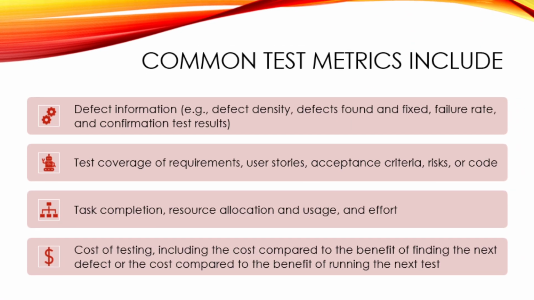Common test metrics also include defect information, defect density, and test coverage of the requirements, for example user stories, acceptance criteria, risk and code. Also task completion, resource allocation and usage, and effort. Cost of testing includes the cost compared to the benefit of finding the next defect, or the cost compared to the benefit of running the next test.